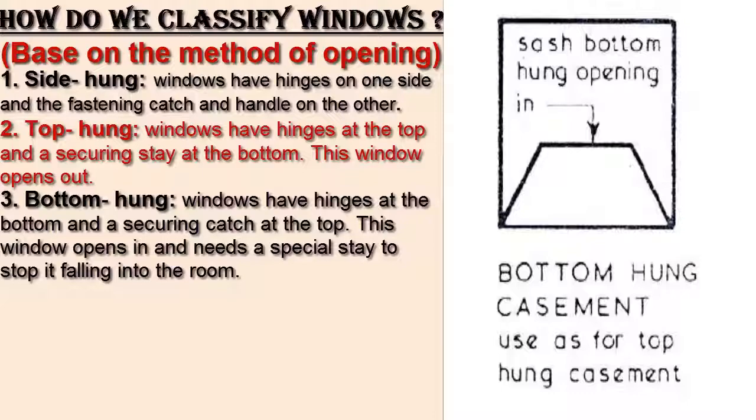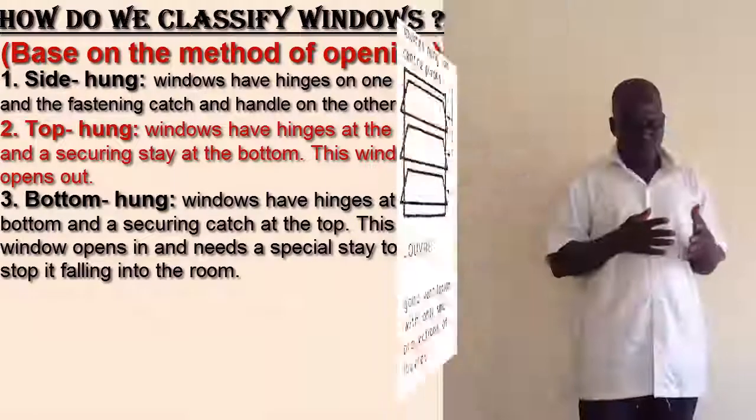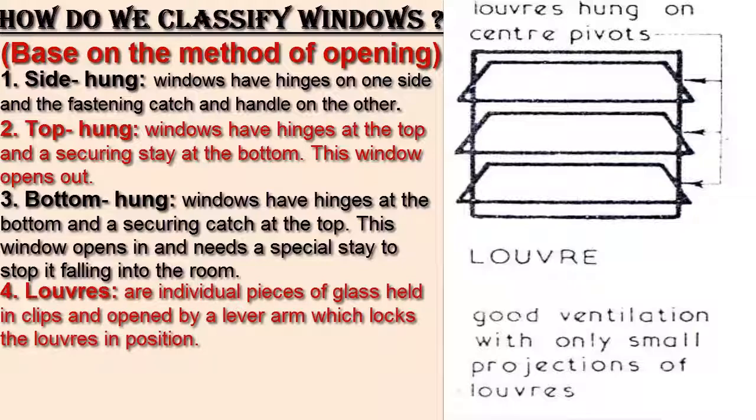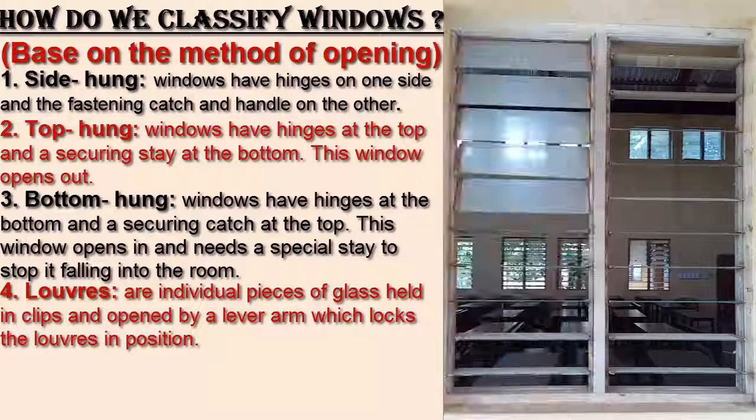When you have a look again, there are other types of window. Louvers are another type of window. They open in a different way compared to what I have said about the bottom and the side hung. A louver is made of independent pieces of glass held together by lever arms. It is hinged on both sides of the frame, and it is controlled by a lift.